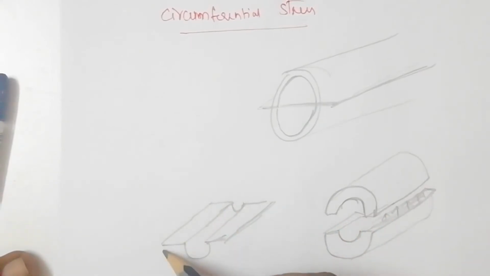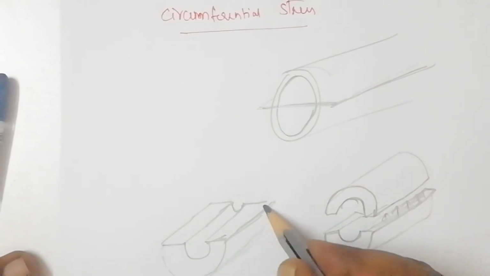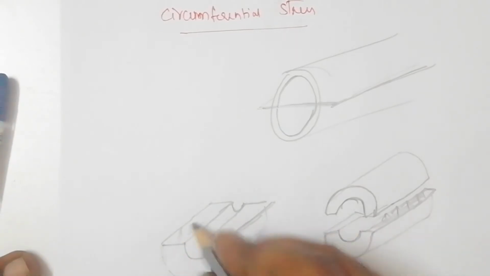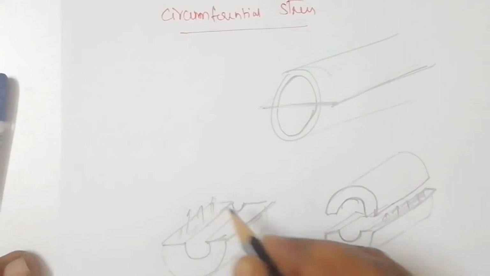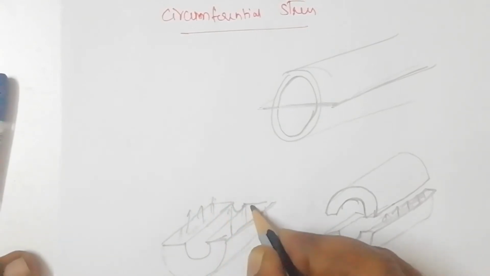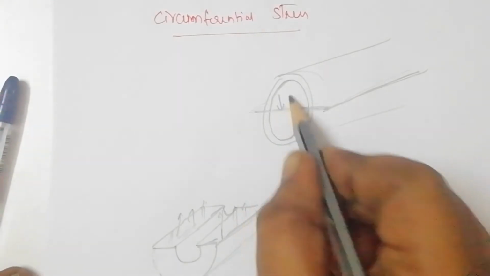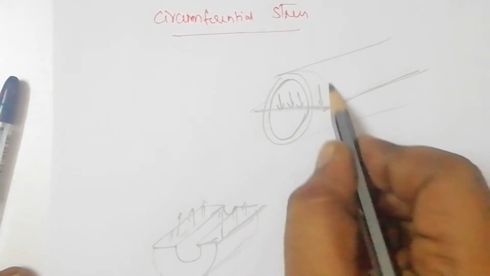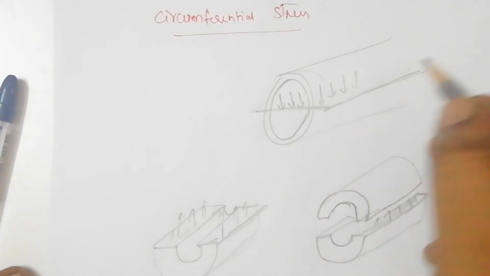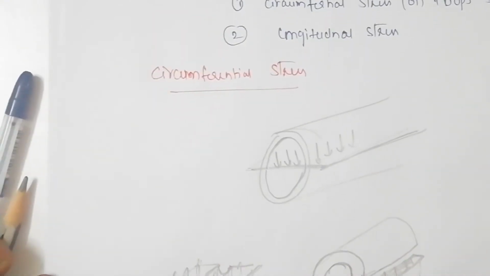So this surface generally will have a stress acting along this length, okay. Now this pressure will be acting on this whole plane. If you cut that plane, the whole internal pressure will be acting.